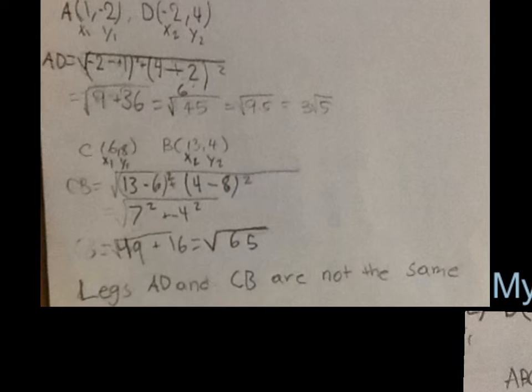And 4 minus 8, I got negative 4. So I had to square 7, I got 49. And negative 4, I had to square, I got 16, so that equals 65. So yeah, the legs AD and CB are not the same.